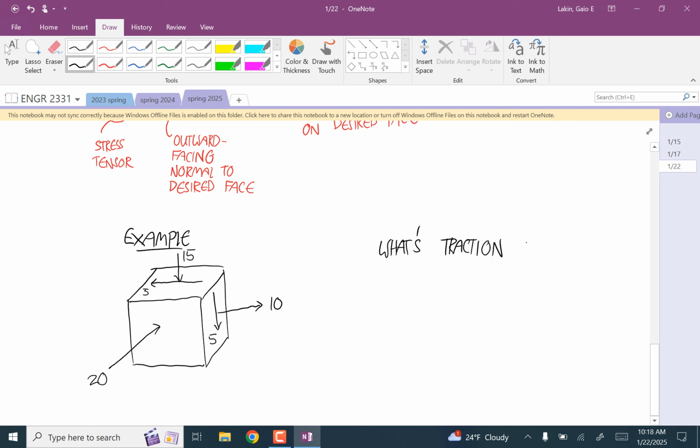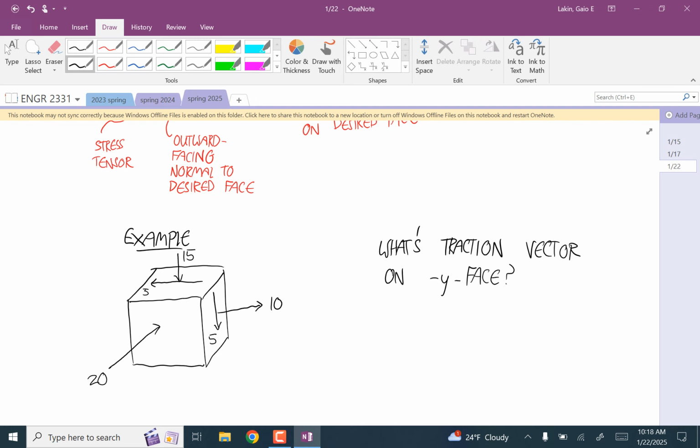What's the traction vector on the negative y face? Okay, so we're trying to figure out what the traction vector would be on this obscured bottom side.